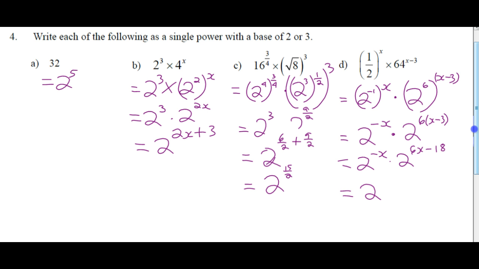Final answer is 2 to the 5x minus 18, right? We've got multiplying powers with the same base. You add the exponents, so we get negative x plus 6x, which is 5x, minus 18. So 2 to the 5x minus 18.